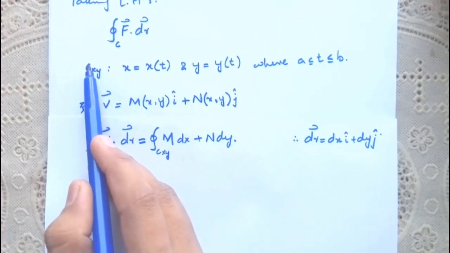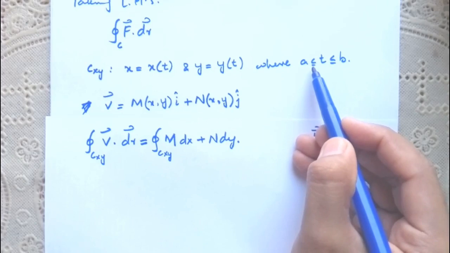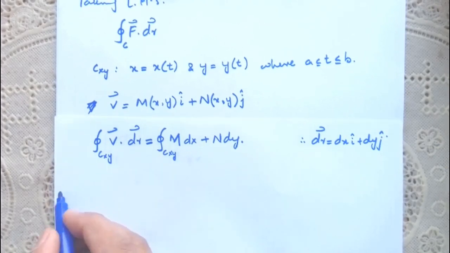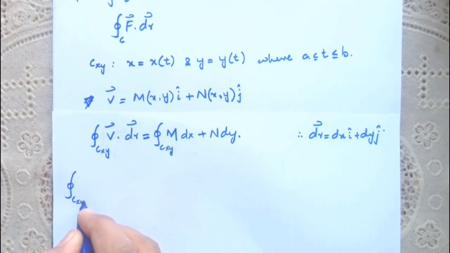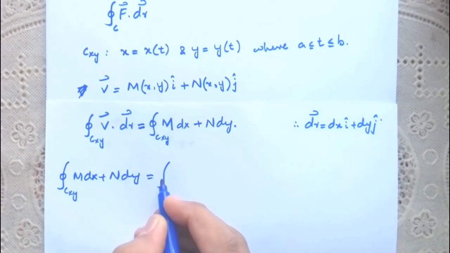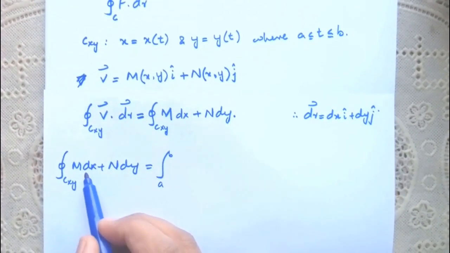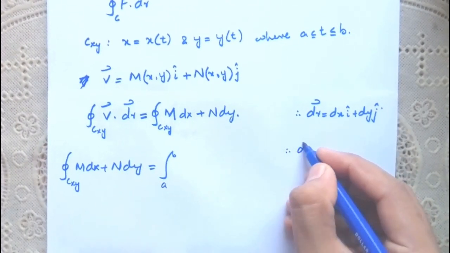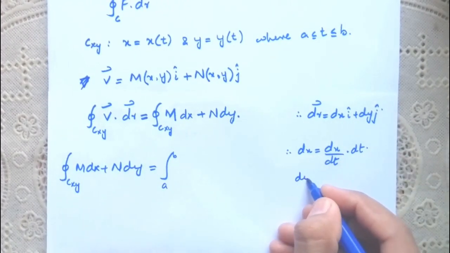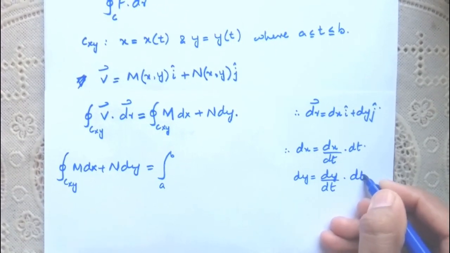right? Now, in the parametric form of the curve of region R, t was the parameter, which is bounded as a less than or equal to t and t less than or equal to b. It means that the line integral over the closed curve C_xy of M dx plus N dy can be written as a line integral from a to b, and dx and dy can be written as dx equals dx/dt dt, and dy equals dy/dt dt.